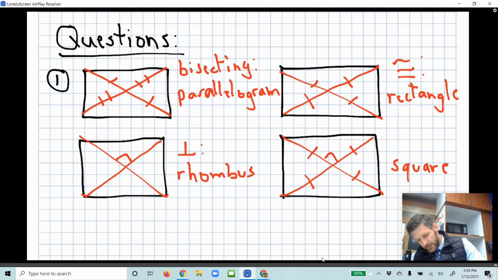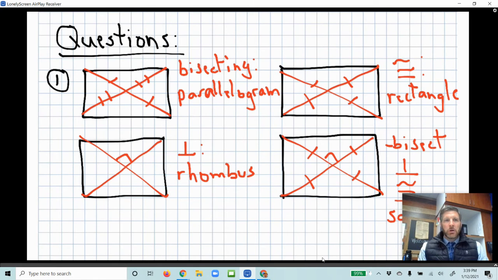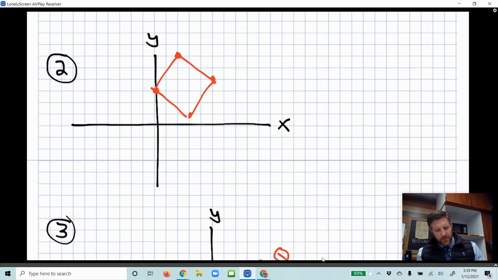So you want to start memorizing and identifying this, because diagonals alone are the only clue you need as to which type of parallelogram you're dealing with. Let's look at that on the coordinate plane with the next two questions.